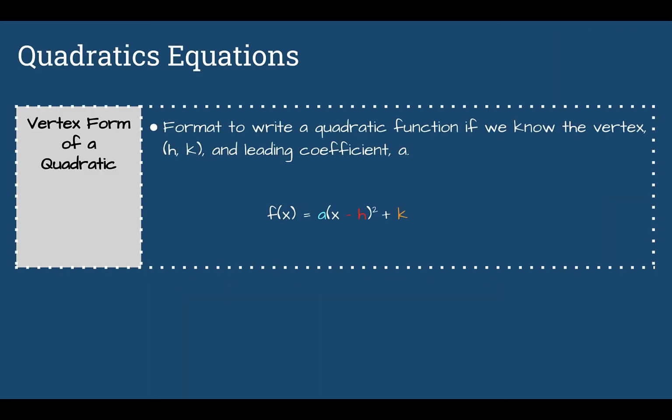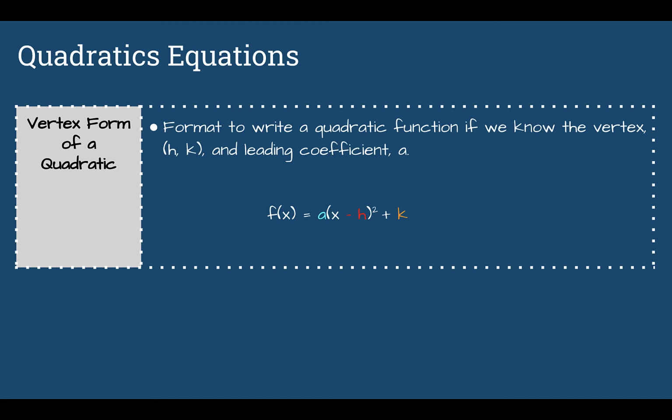First, let's look at the two formats that we are going to talk about in this lesson. Vertex form is one format that we can write a quadratic function if we know the vertex and the leading coefficient. Here, for the vertex, instead of x and y, they use the letters h and k, and the leading coefficient is shown by the letter a.